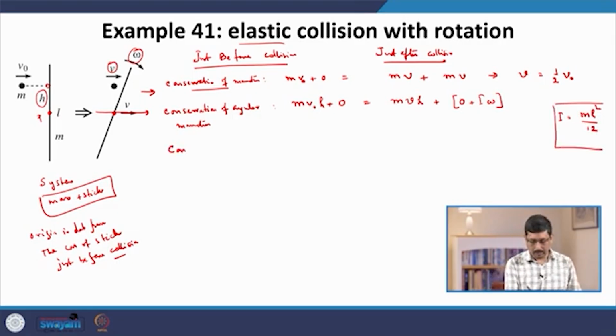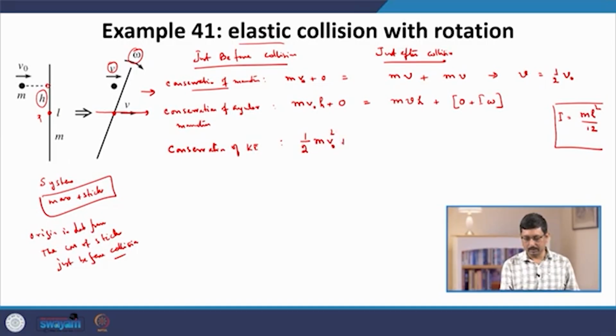The last is the conservation of kinetic energy, because it is an elastic collision. Before the collision, the kinetic energy of the mass is half mv square and the stick was at rest. After the collision, the kinetic energy of the mass is half mv square and the kinetic energy of the stick is again in two parts, as we follow our rule, as if the whole mass of the stick is concentrated at the center of mass, which is moving to the right with some velocity.